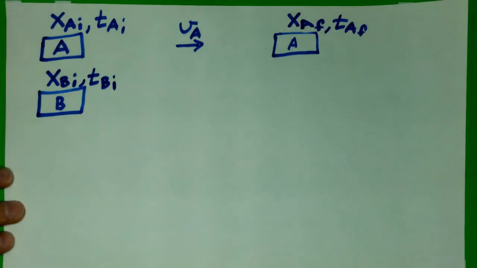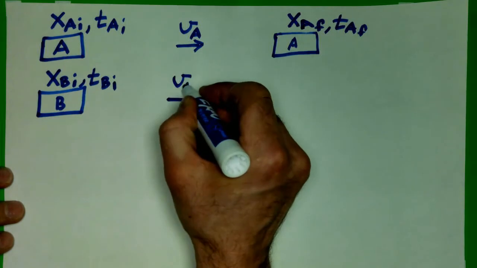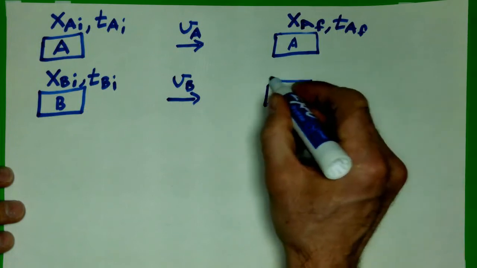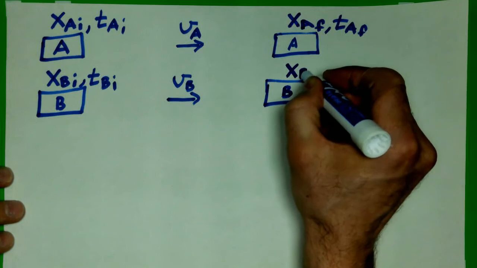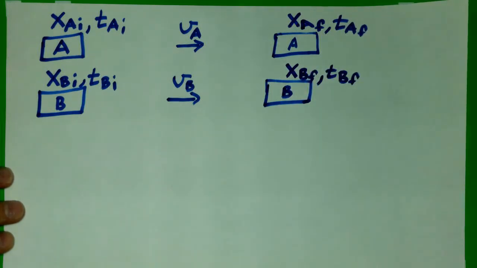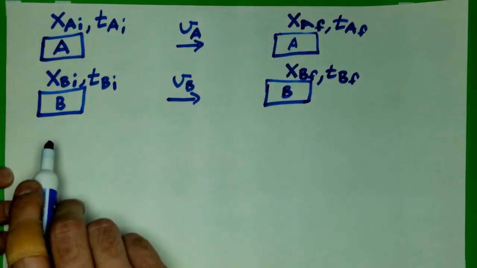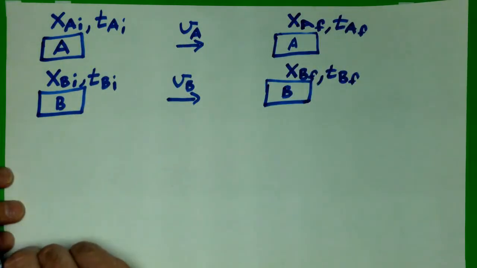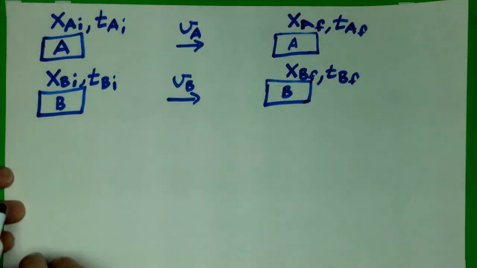The initial time for B is different than A. Traveling a little bit faster, V_B, and getting to the same position, but at a later time. So we have the positions defined on our diagram, the times defined, and the velocities defined. We know there's no acceleration, traveling at constant speed or an average speed the whole time.